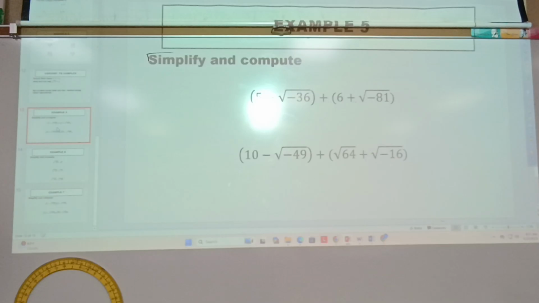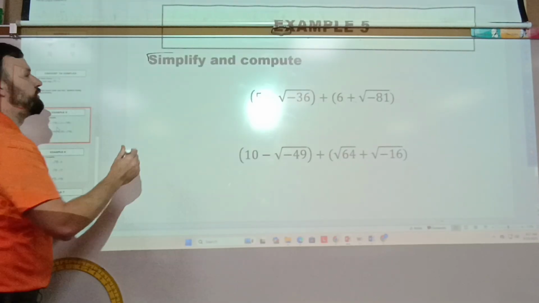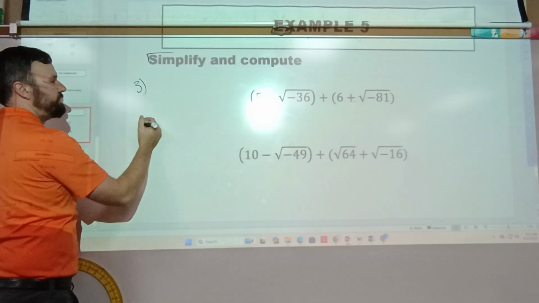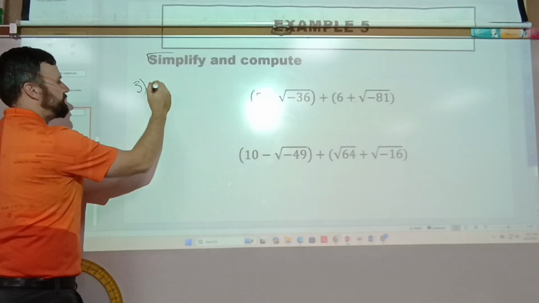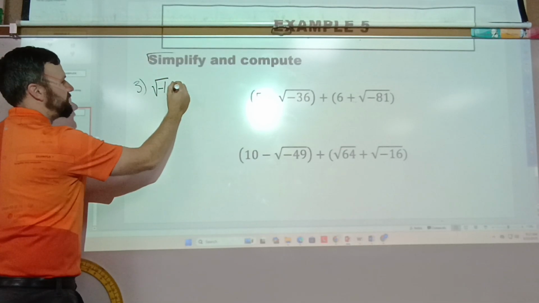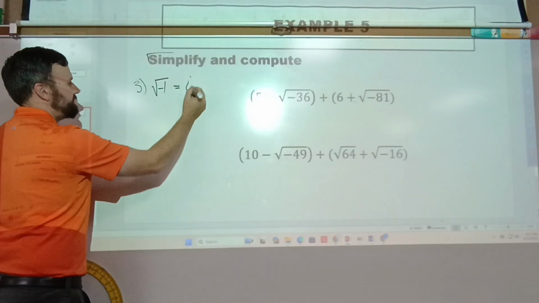All right. Last 3 slides. Rule number 3. Remember, square root of -1 is i, right?